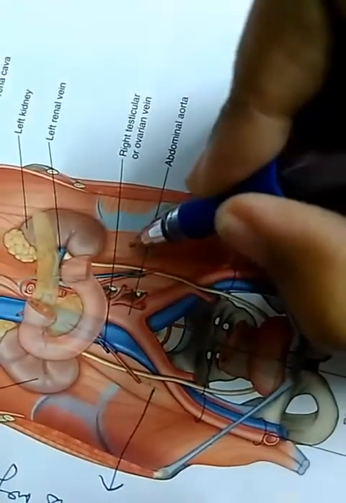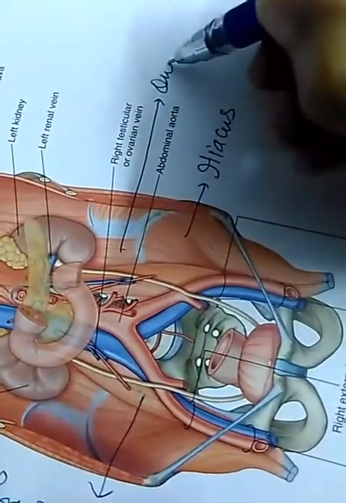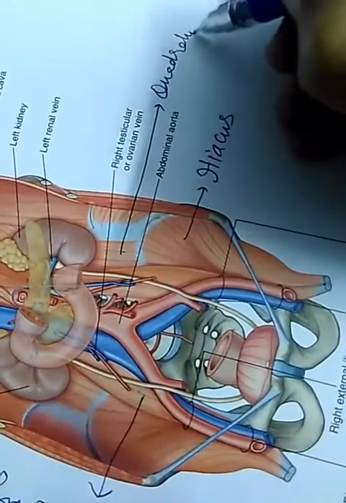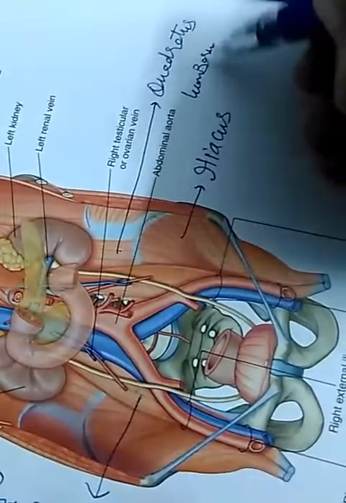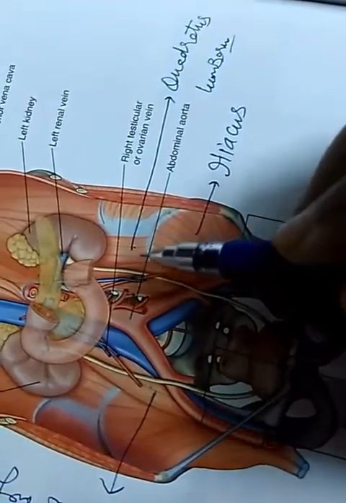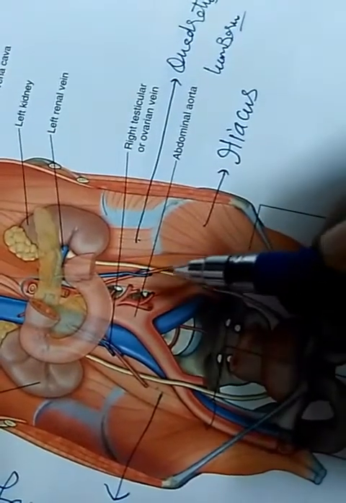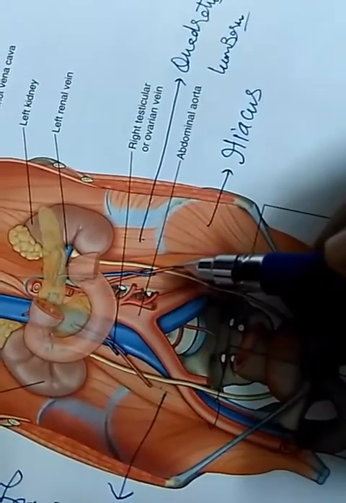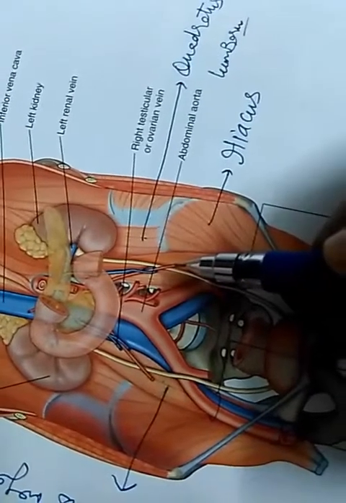Okay, so the question was which of the following is not crossed by left ureter. As you can see, quadratus lumborum is not crossed here by left ureter. When the ureter is passing here, the gonadal vessels cross anterior to this left ureter.